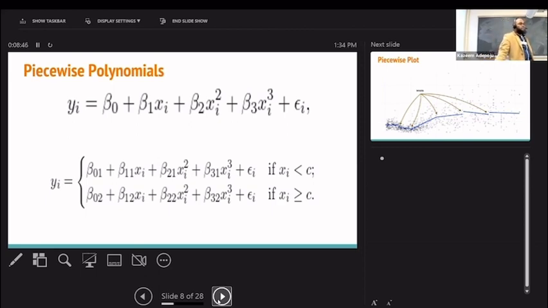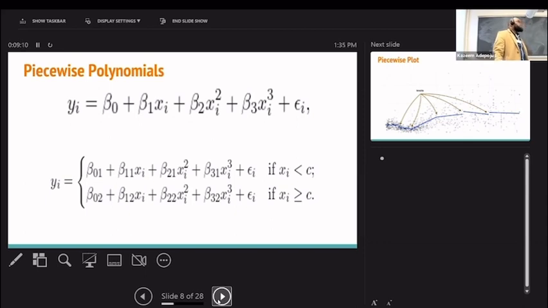Okay, so now I want you to take a look at, let's say, for instance, we've considered polynomial regression. Even though this polynomial regression of order 3 may solve the problem of bias, it may have a little bit of high variance.